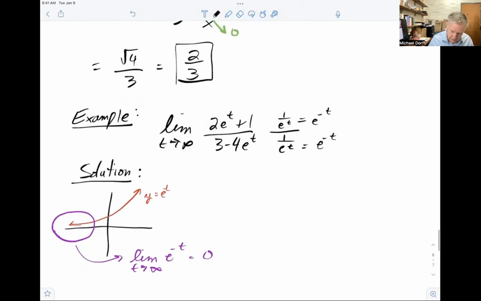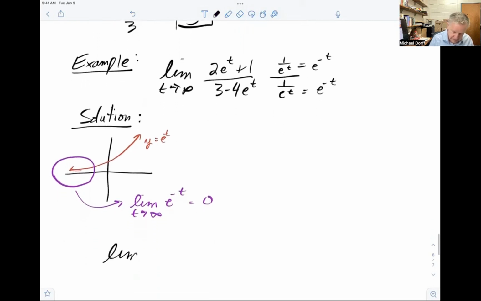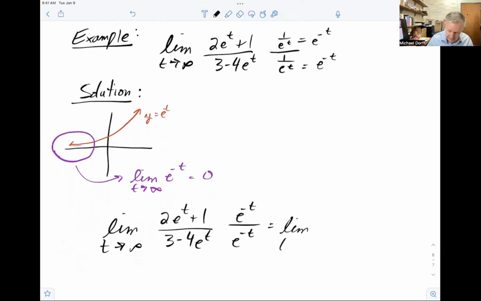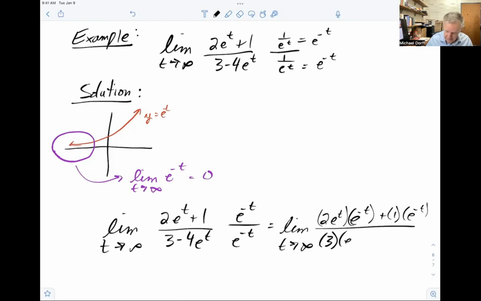Okay, so using that idea, I'm going to get the limit as t goes to infinity of 2e to the t plus 1 over 3 minus e to the t. I'm going to multiply by e to the negative t over e to the negative t. And I'm going to get the limit as t goes to infinity of 2e to the t times e to the negative t plus 1 times e to the negative t over the denominator 3 times e to the negative t minus 4e to the t times e to the negative t.